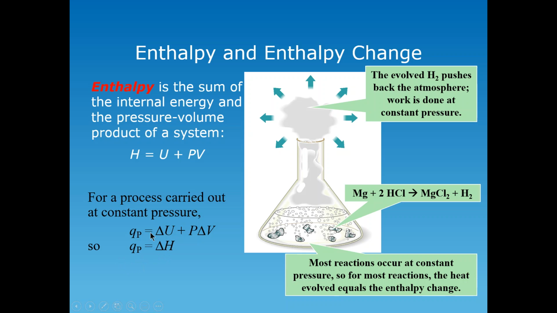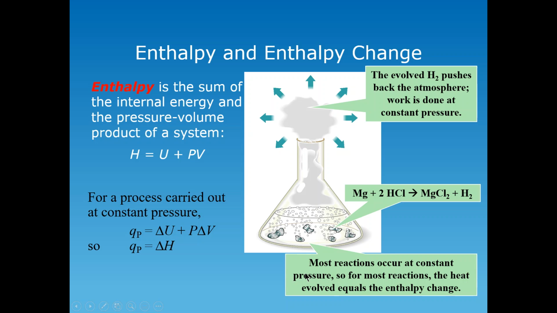So whenever we're talking about enthalpy changes for a reaction, we're talking about reactions where the heat change is measured under constant pressure conditions, all right? And as I said before, that's what happens in this particular example. The hydrogen that is produced is pushing back against the atmosphere, and therefore the system is doing work against the surroundings, all right?